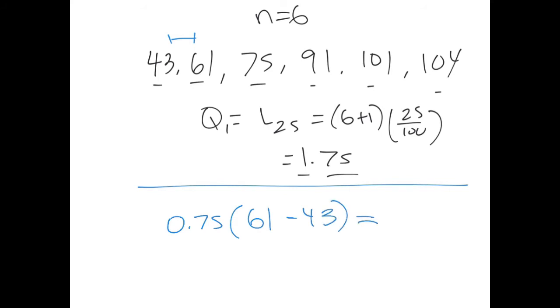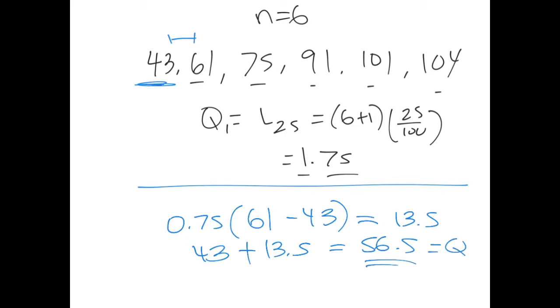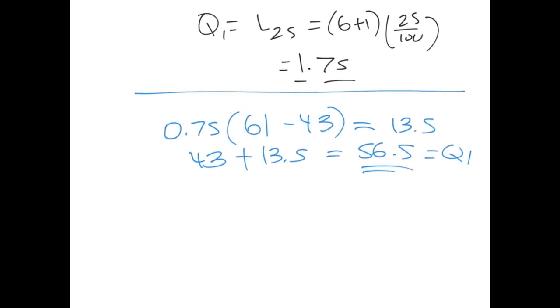What do we find in that case? We find 13.5. So in order to find that first quartile, we take 43 plus 13.5 and find that the first quartile is in fact 56.5. So this will be Q1. Now let's find Q2.